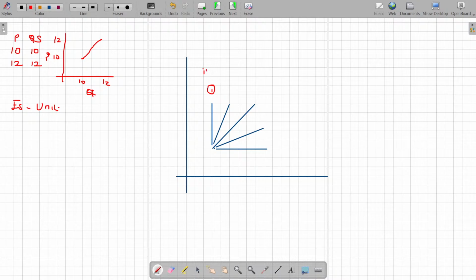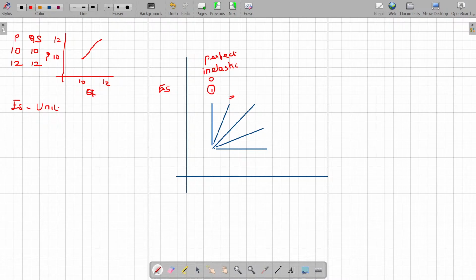Perfectly inelastic. Elasticity of supply in this case being how much? 0 or infinity? 0.